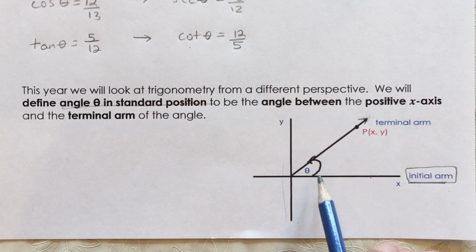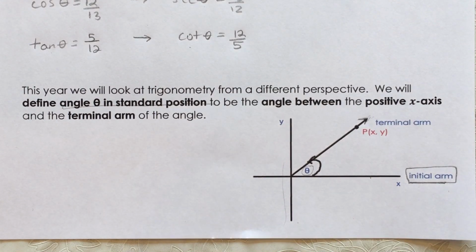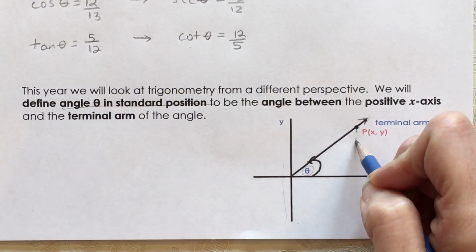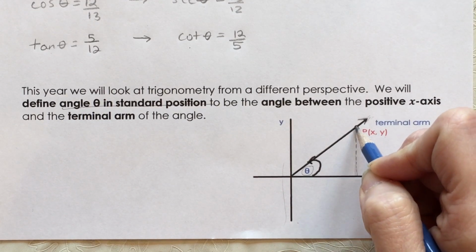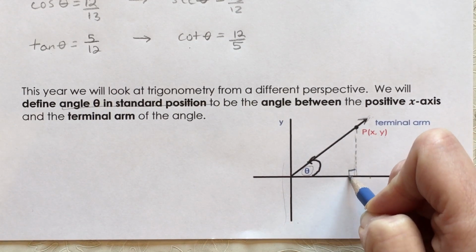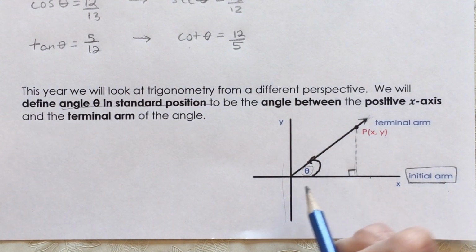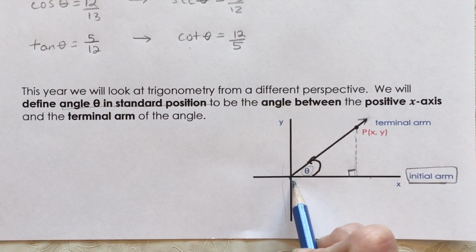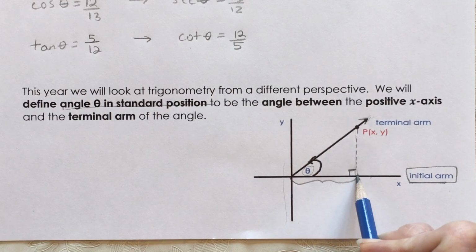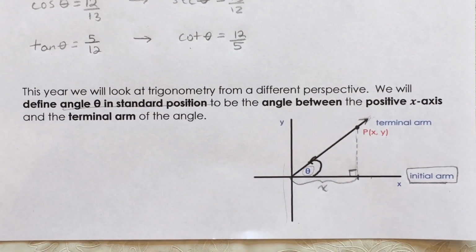And the angle that goes from the x-axis to the terminal arm is going to be considered to be angle theta. So if we know this point P(x, y), then we can create a right angle triangle by drawing in from the point down to the x-axis so that it meets at 90 degrees. If that's the case, then this distance here from (0, 0) to here is going to be x, because we would go over x and up y to get to this point.